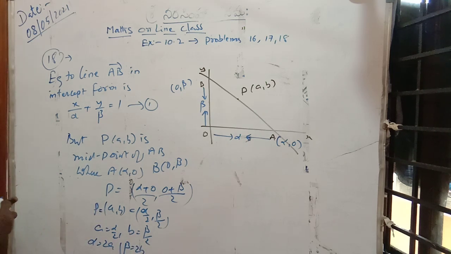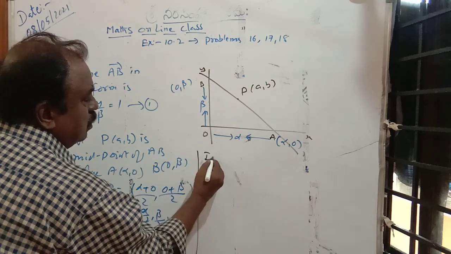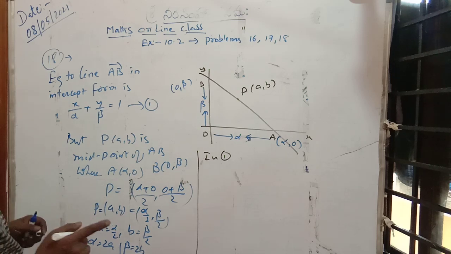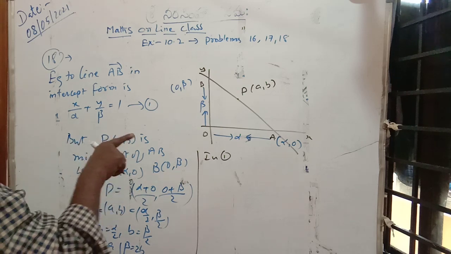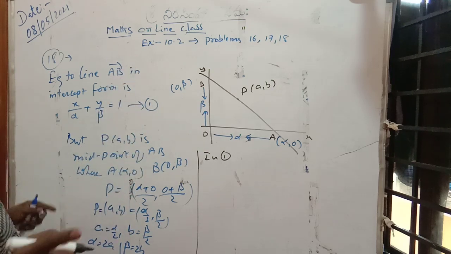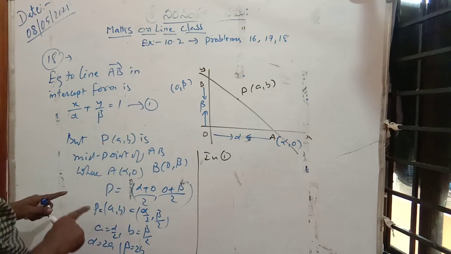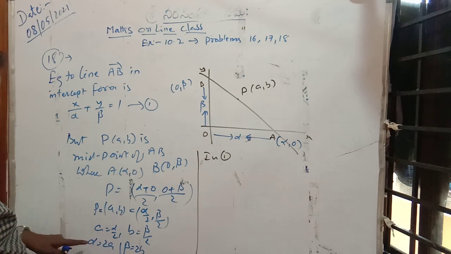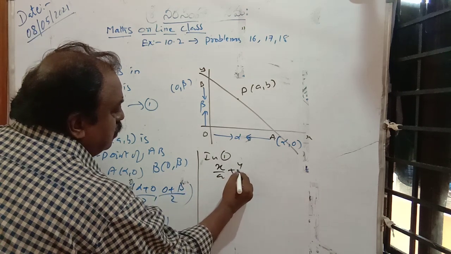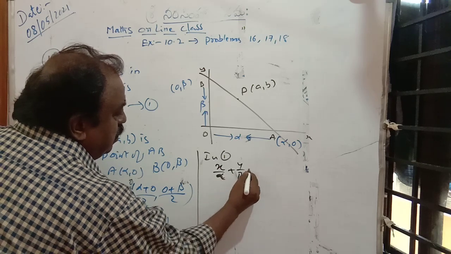Okay? But you see, in equation 1 we substitute alpha, beta. Alpha, beta we are taking, just assuming that the length OA, the x-intercept, is alpha, and OB, the y-intercept, is beta. Just we take it, but at last we are removing them also. Alpha is 2a in this one. Here x by alpha plus y by beta is equal to 1.